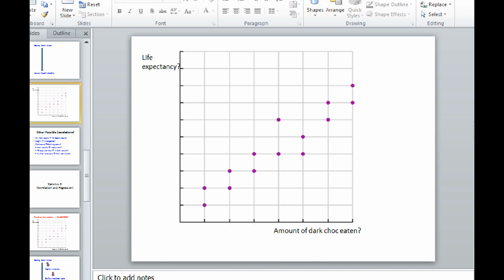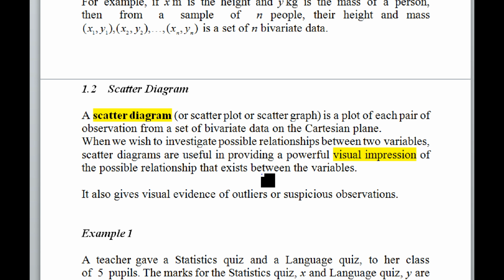Now, it is super useful to give us a very good visual representation of the actual situation. Just now you looked at the data points, and with one look you could tell me, hey, eating dark chocolate is good, I live longer. Is that alright?